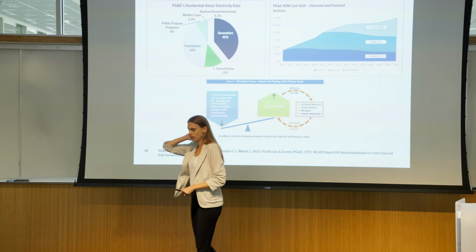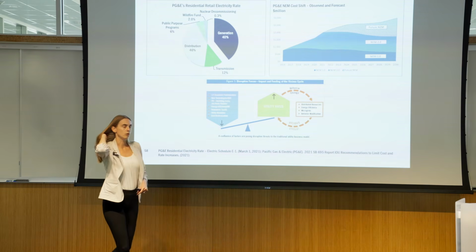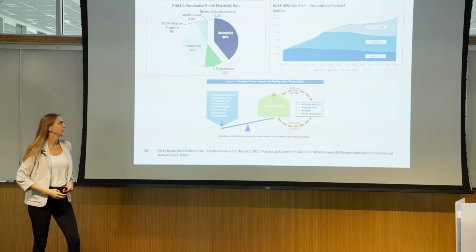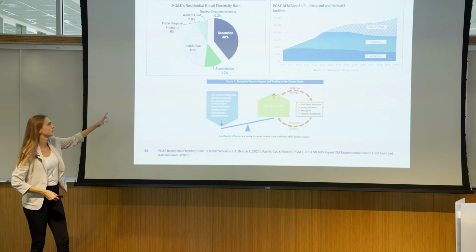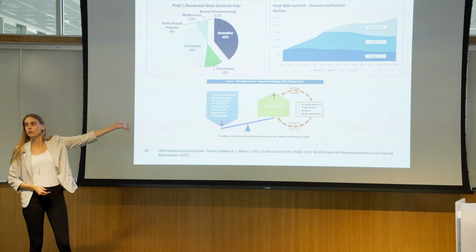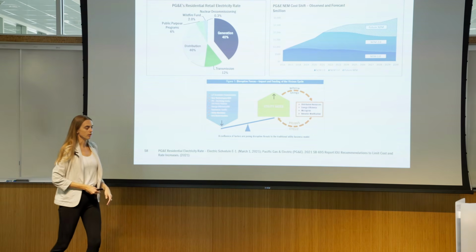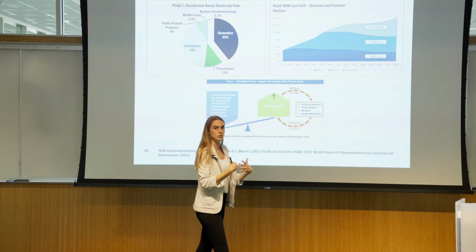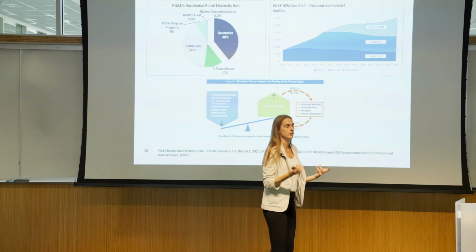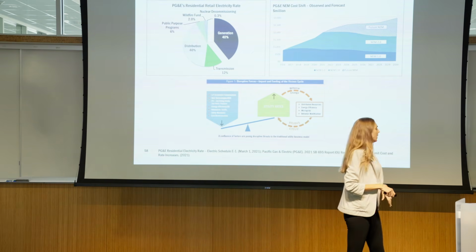So net energy metering, if it's providing the retail rate for distributed solar, is a significant subsidy where those distributed solar customers aren't necessarily paying for the use of the grid, which, if they're exporting solar power onto the grid, means they're using the grid effectively as an energy storage facility.